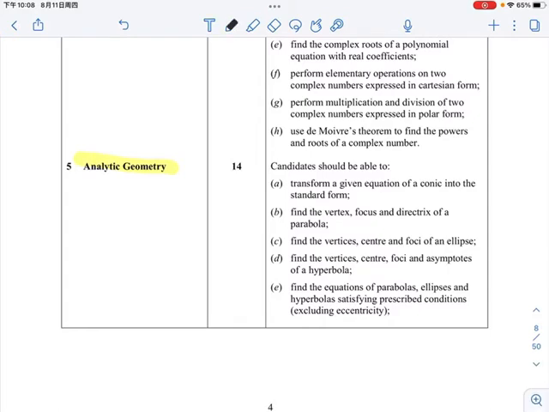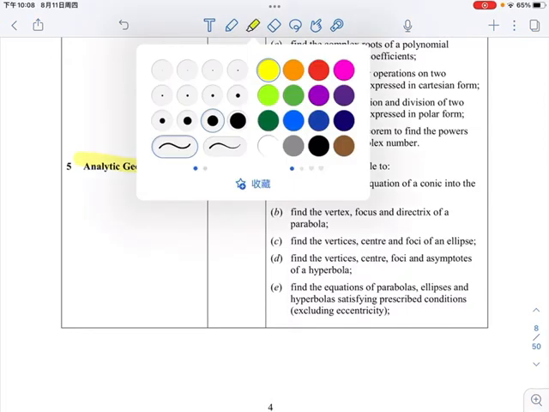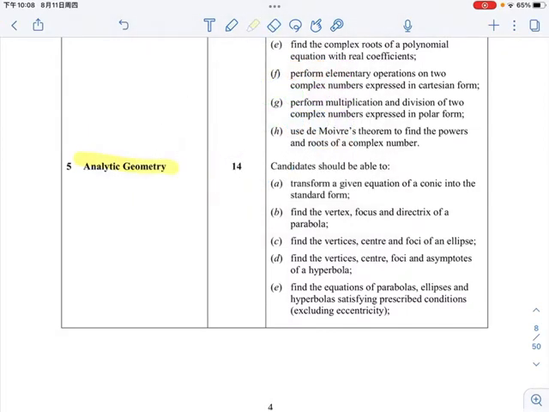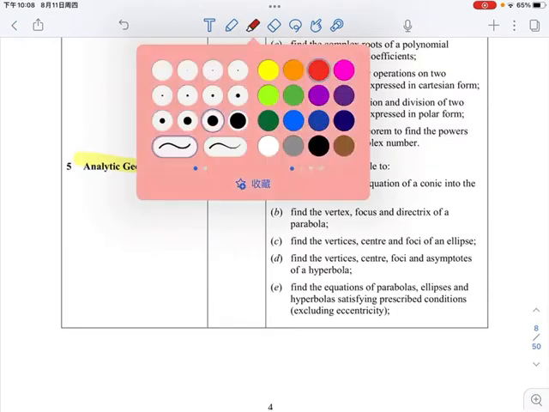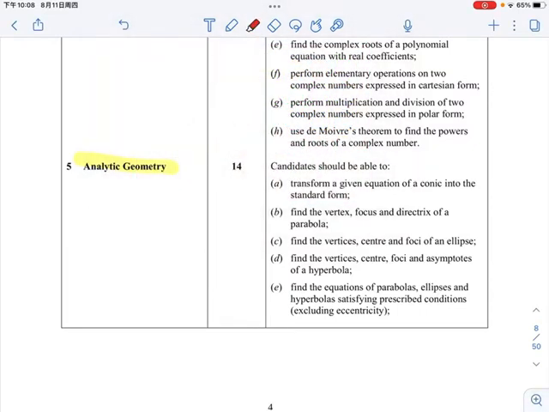Here you can also see that you have to find the vertex, focus, and directrix of the parabola. Like I said, parabola, ellipse, hyperbola, you have to differentiate each kind of shape.